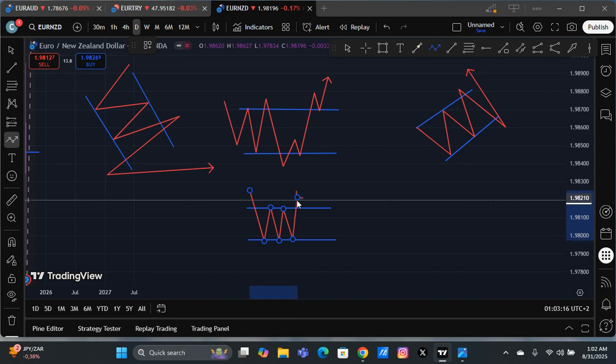Once you break from the high, it will always happen that we break the low, because price is expanding out of the compression area. So once you see a break of the high, you know that a break of the low will happen, and this is where you get the test and the market takes off.